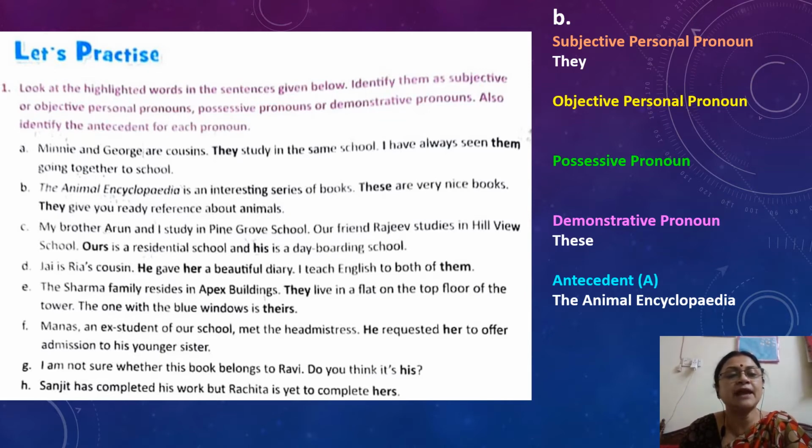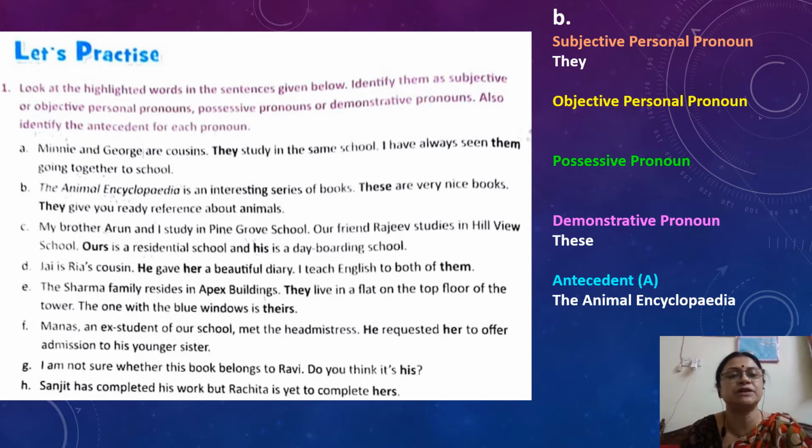Whereas they is the subject as well as the pronoun in the sentence, so they is a subjective personal pronoun. These here stands for Animal Encyclopedia and they also stands for Animal Encyclopedia. So, here the antecedent is the Animal Encyclopedia.